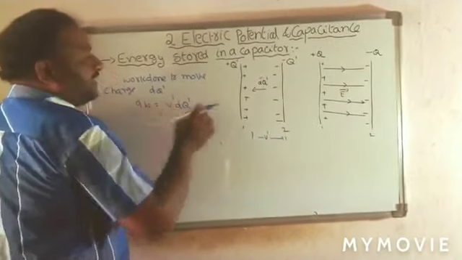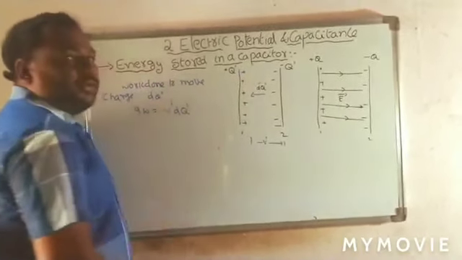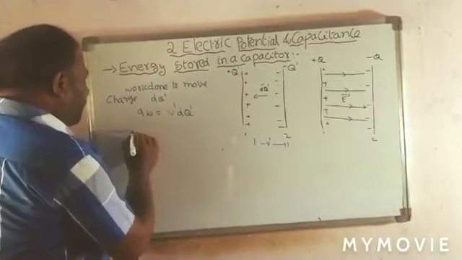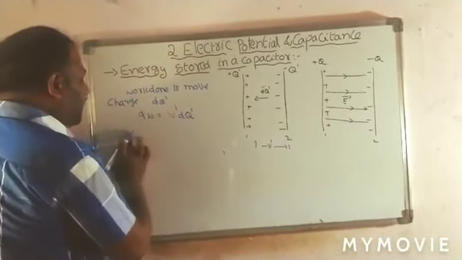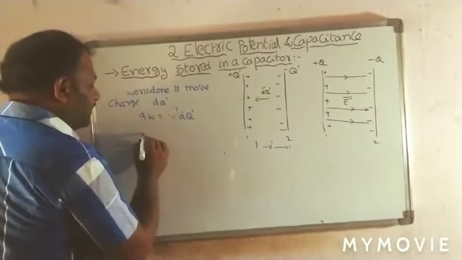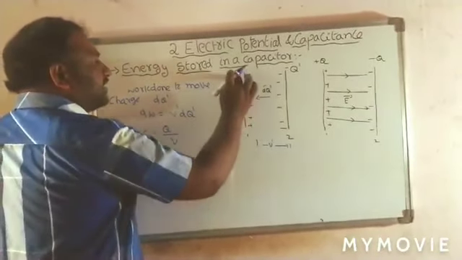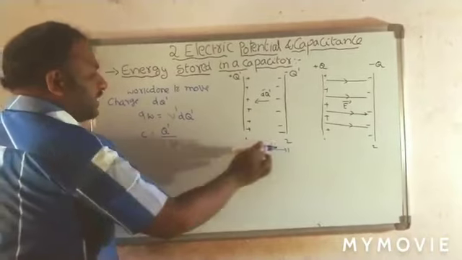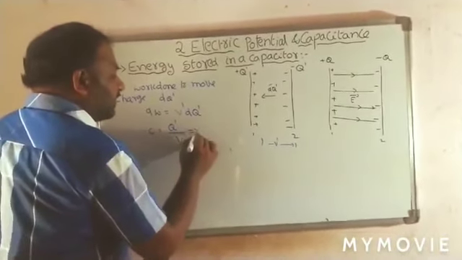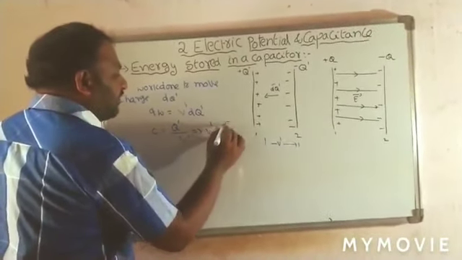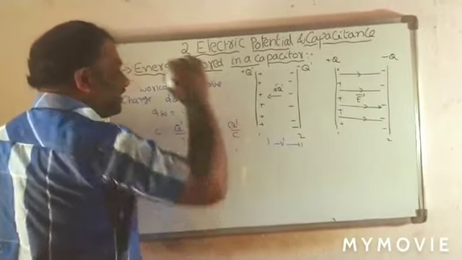This work is done to move the charge dq dash. Now what is V dash? We know that C is equal to Q by V, but here the charge on the plate is Q dash and the potential applied is V dash. From this, V dash is equal to Q dash by C.